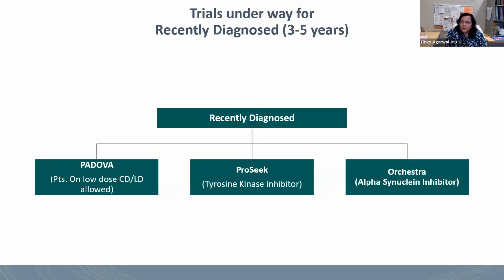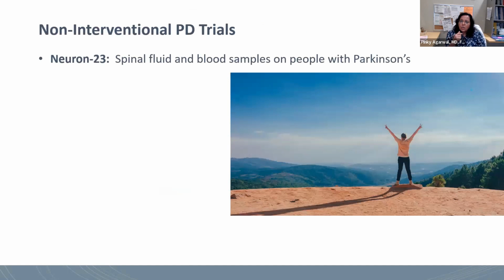So these are some of the recently diagnosed studies that are going on at our center, and probably somewhere closer to you in Arizona too. Interestingly, I forgot to write urine over here, but there is a study going on called Neuron 23, in which they're looking at three biomarkers: spinal fluid, blood, and urine.